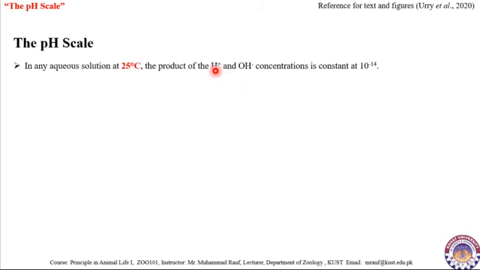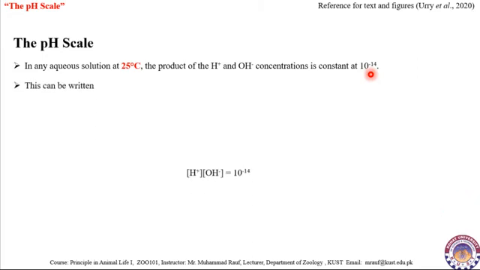So it means that hydrogen and hydroxyl ions may be in equal concentration, or if they are not in equal concentration, then their overall product will always be 10 raised to the power minus 14.